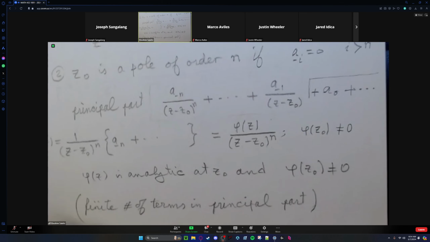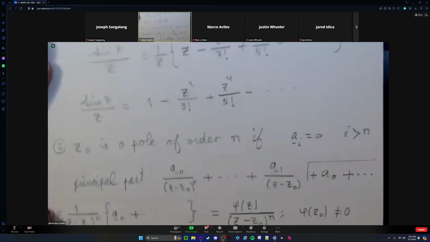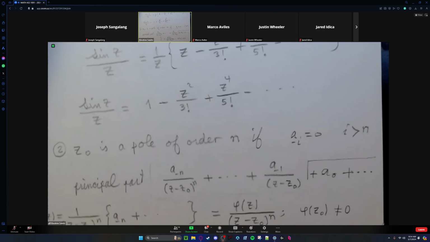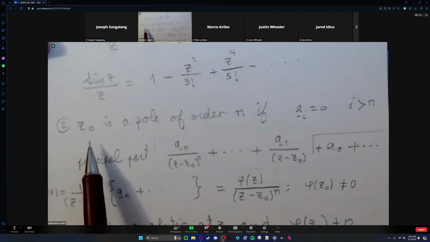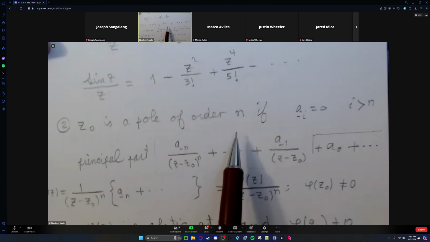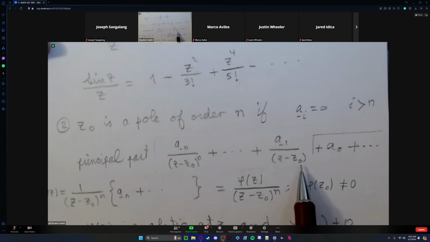So type 3. I talked about category 1, which is removable singularities. Here, pole of order n, then the principal part has a finite number of terms.